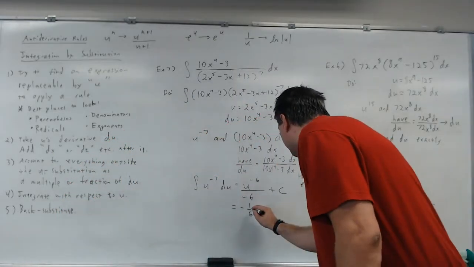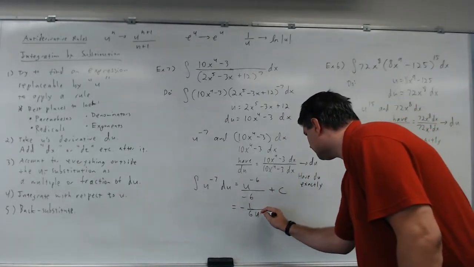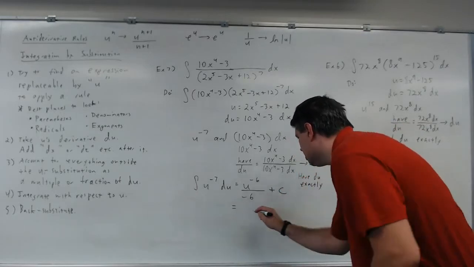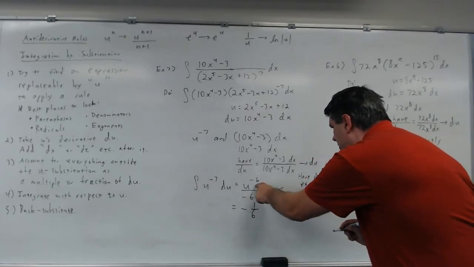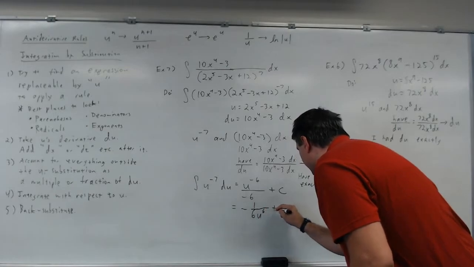Actually, what I'm going to do is go ahead and put u to the negative 6 down here as a positive 6. So that's going to be negative 1/6, and u to the negative 6 will go to the bottom as a positive exponent, and then plus c.